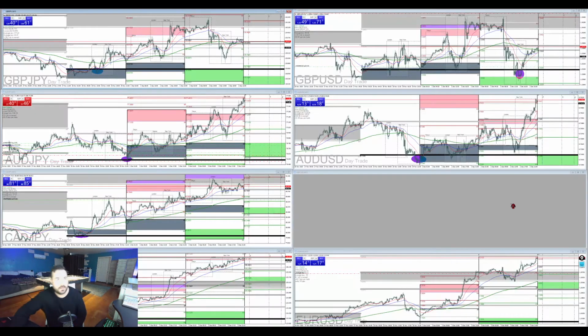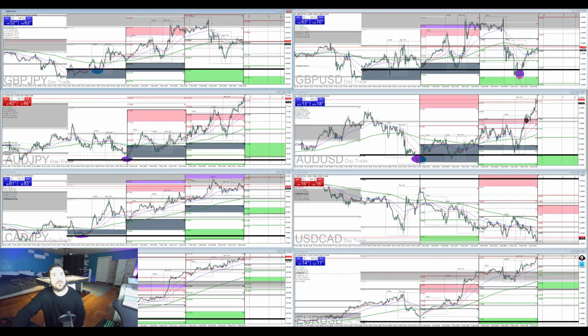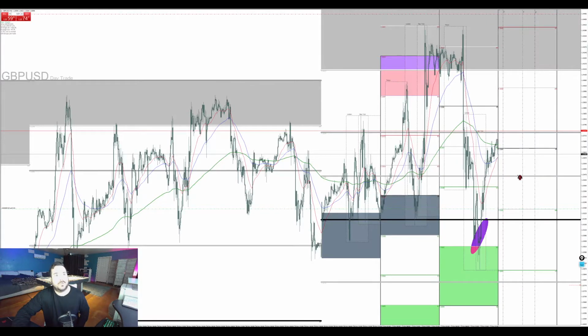It's 3 o'clock exactly, so the end of the New York, and let's go ahead and mark out my zones here. This is going to be the pound US dollar zone.